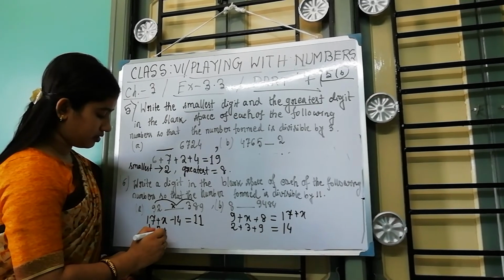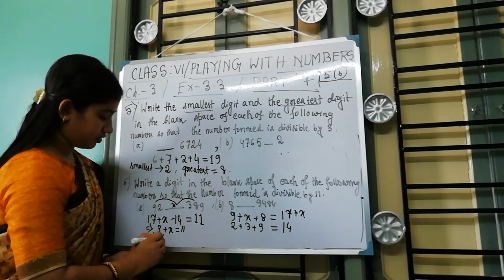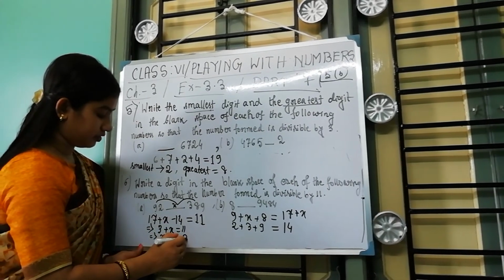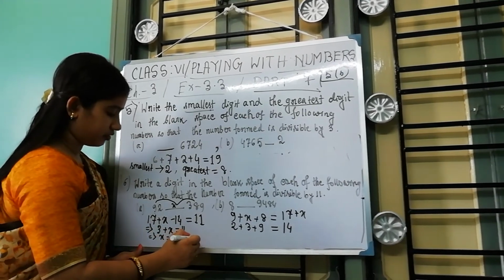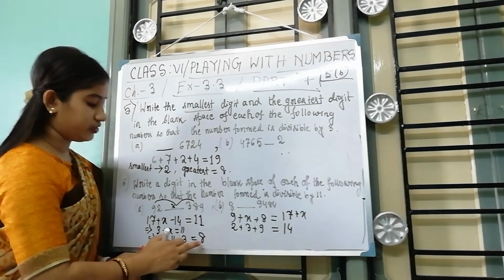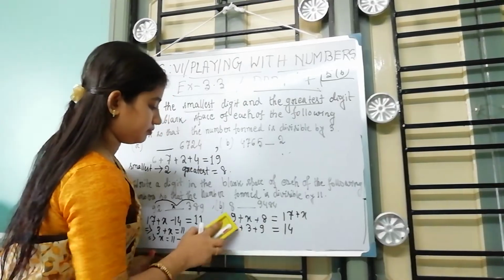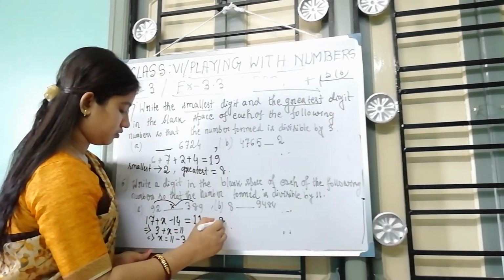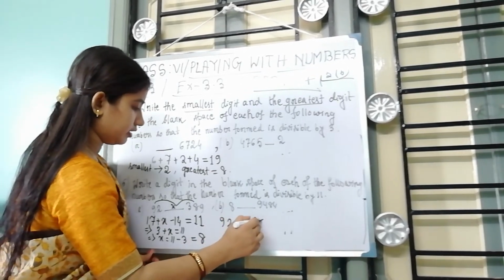Now starting from 11, we calculate 17 minus 14, which is 3. So 3 plus x equals 11. So x equals 11 minus 3, because here it is plus 3. This is equal to 8. So the number is 928389.